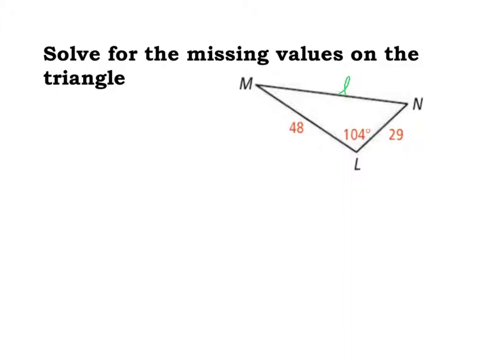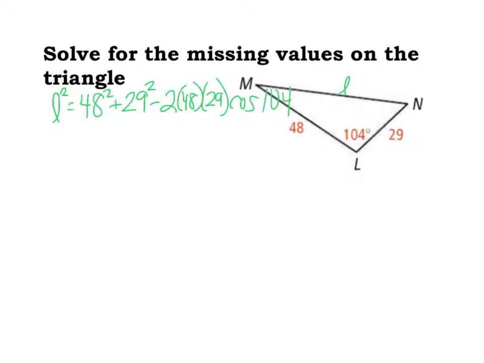So for side L, again, I'm doing that long one, the L squared equals. And that's what I'm looking for. Now I do my other two sides squared. And then I subtract 2 times those same two sides. And then it's the cosine of the angle I know, the 104.